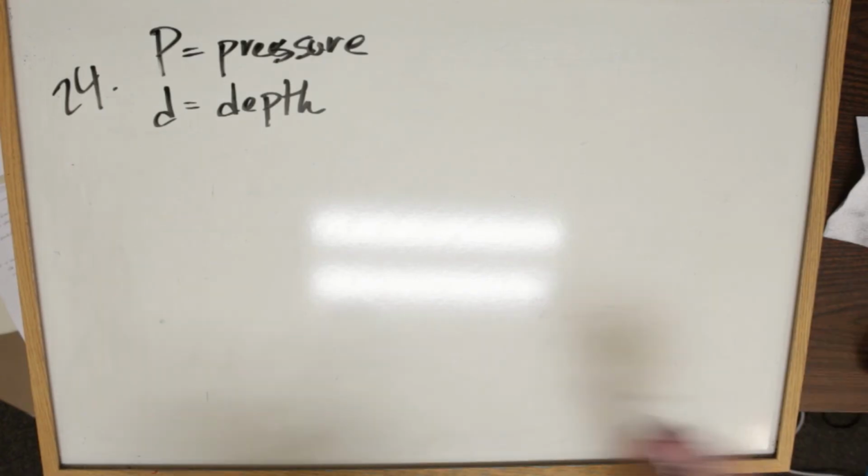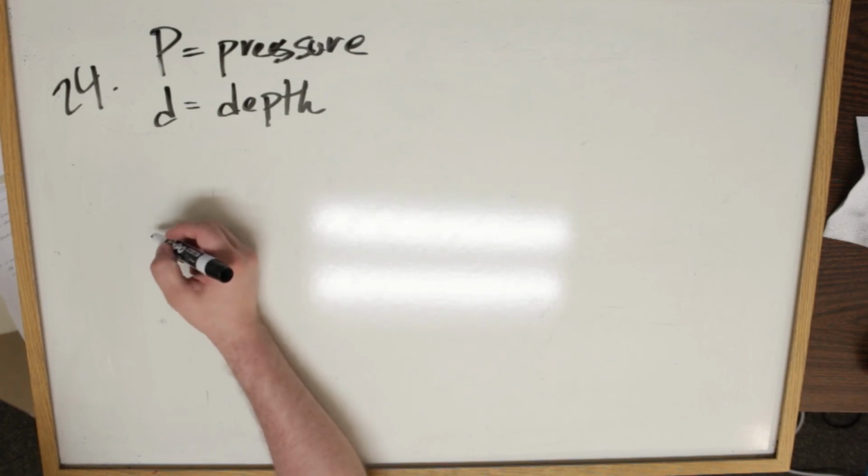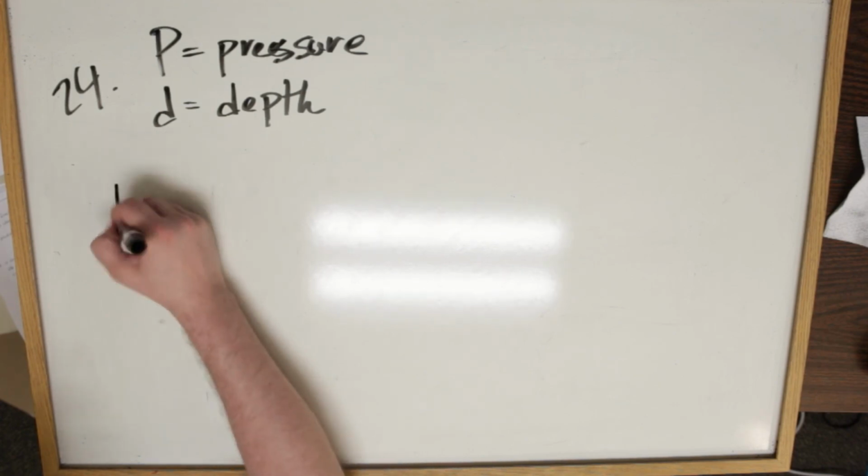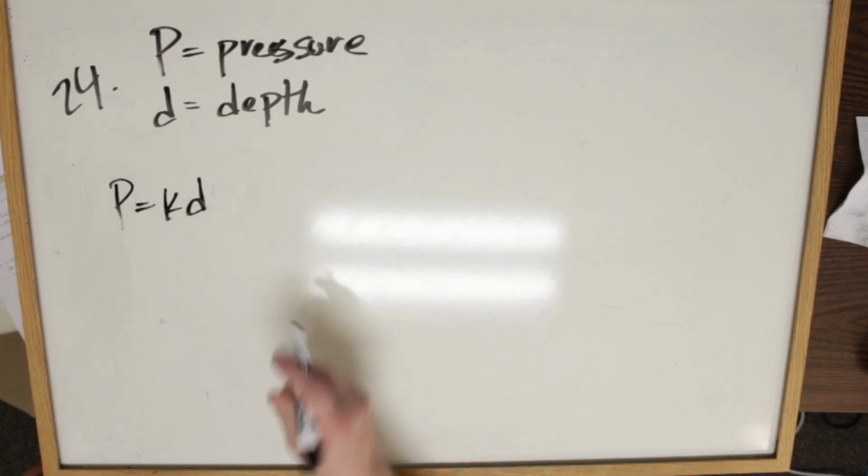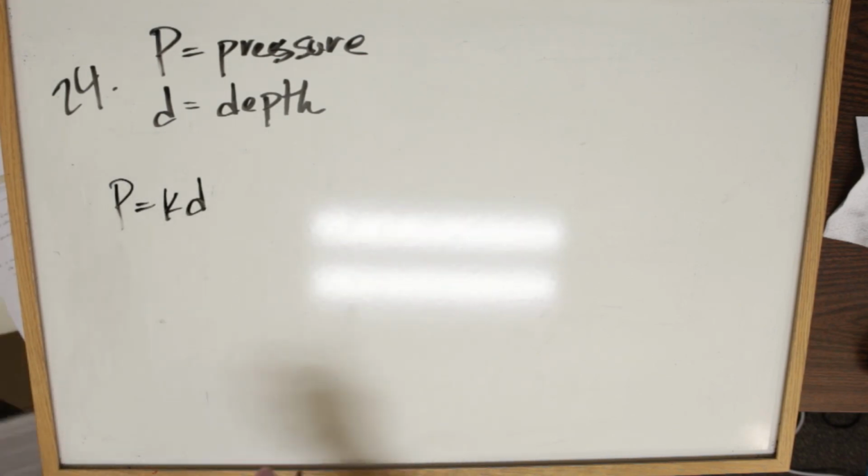All right, let's go ahead and take a look at this question then. So we've got the pressure, we've got the depth, the equation the way it writes. Hang on, let me switch back to my correct size. There we go. We've got P, pressure, is equal to K times D. So now in this question, they give us a very specific example.